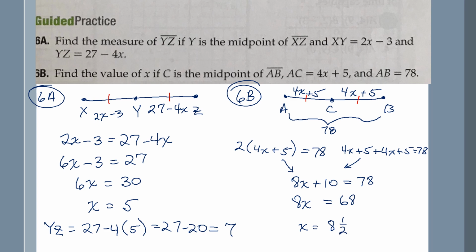Right? You'd end up with 8 and 4/8, which is 8.5. We could say 8.5, or we could say 17 halves. Okay.